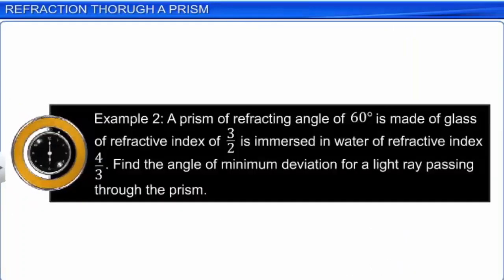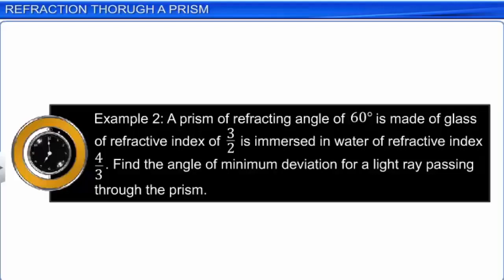As per equation 7, N21 is equal to sine (A plus dm)/2 by sine A/2. Since the prism is in water, Ngw is equal to Ng by Nw.